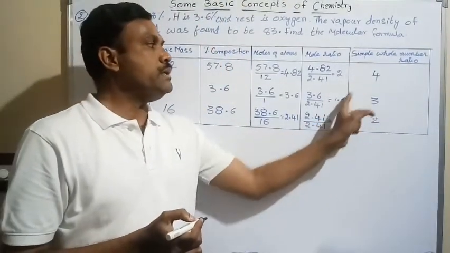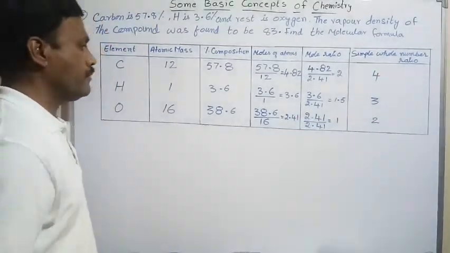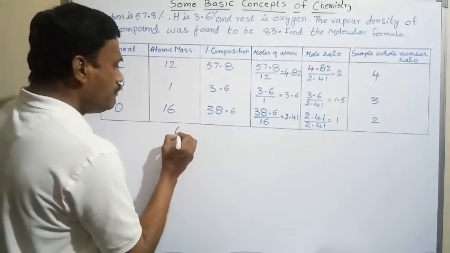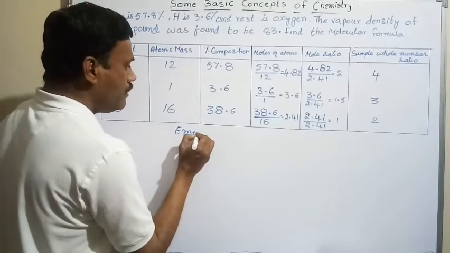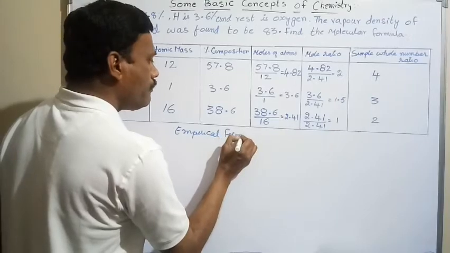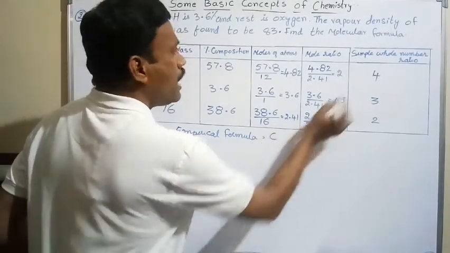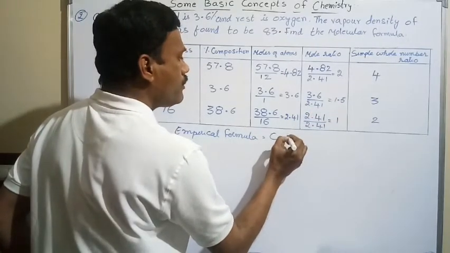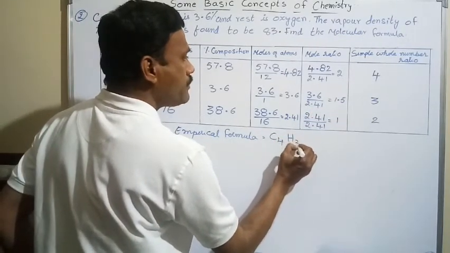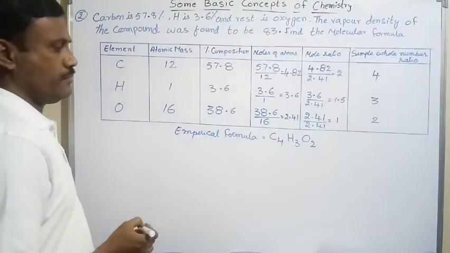The decimal has to be changed to a simple whole number ratio. The empirical formula is carbon 4, hydrogen 3, oxygen 2.